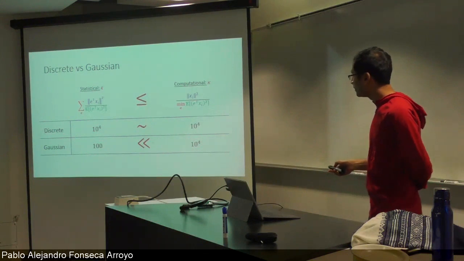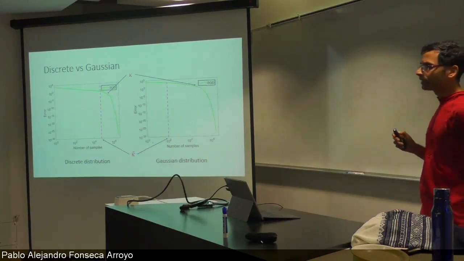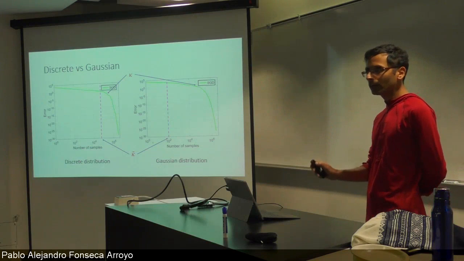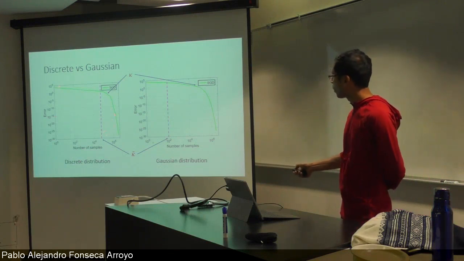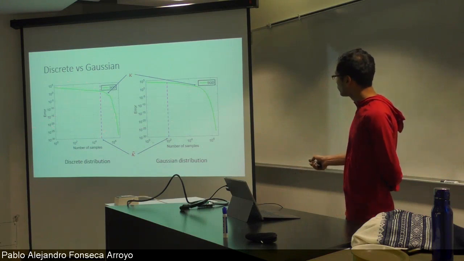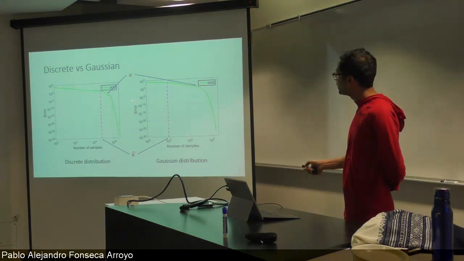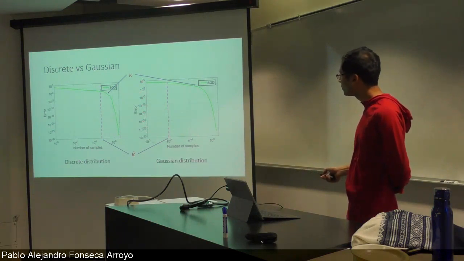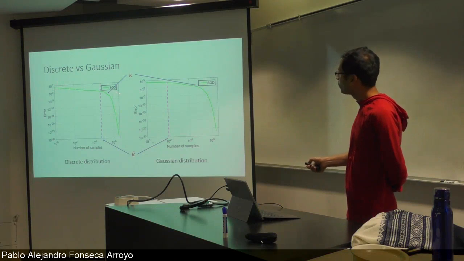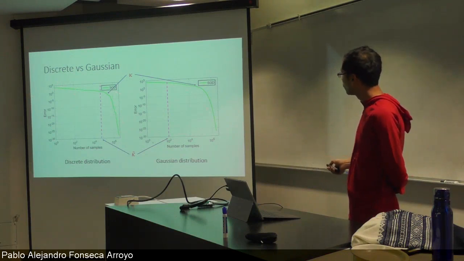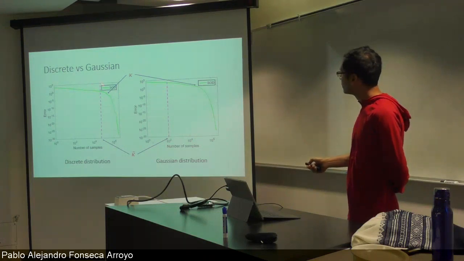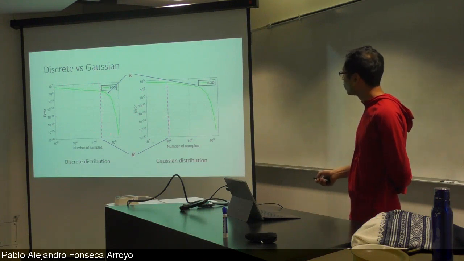Okay. And let me try to illustrate all the things that I said in these two pictures. The picture to the left is a plot of the discrete distribution. This one is on the Gaussian distribution. The y-axis is the error, and the x-axis is the number of iterations or number of samples. The green plot corresponds to the performance of stochastic gradient descent on the discrete and on the Gaussian, and the pink dotted line corresponds to the statistical condition number of both these settings.